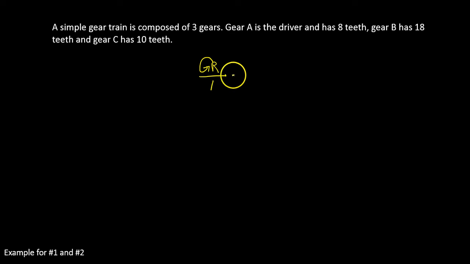There are a few formulas depending on what information we have and what we need to find. So we have the number of teeth on the gear out divided by the number of teeth on the gear in.